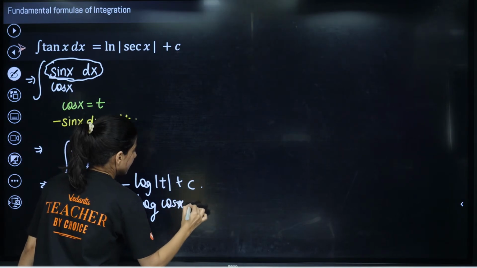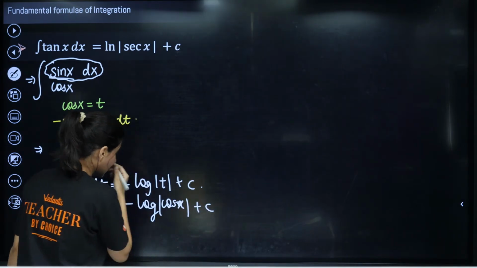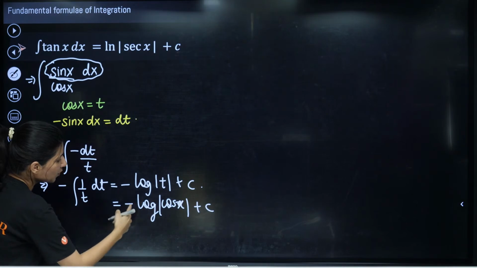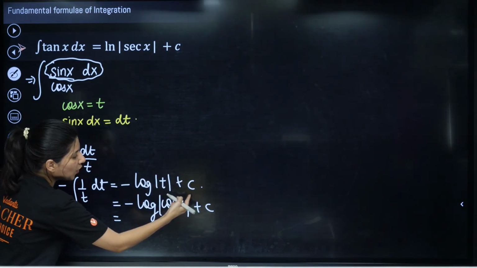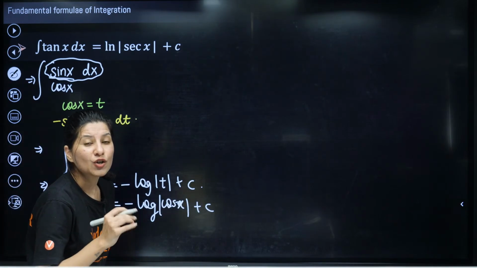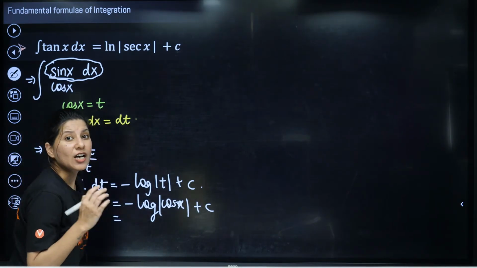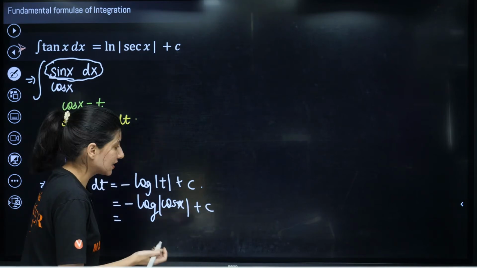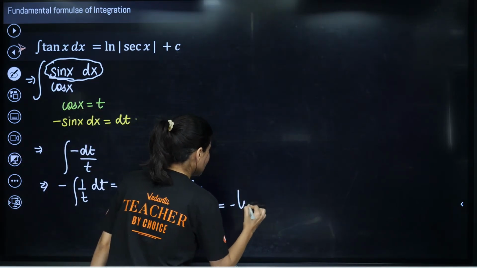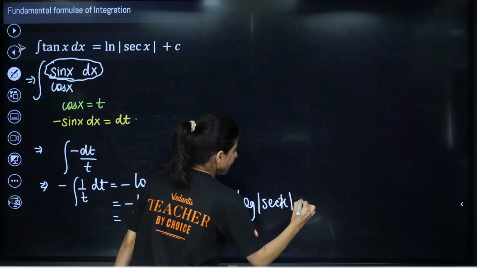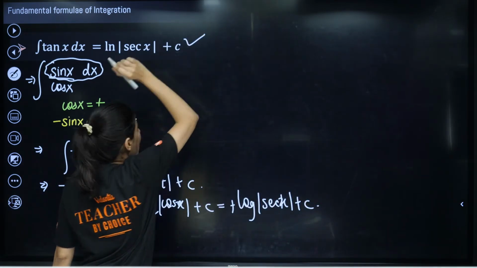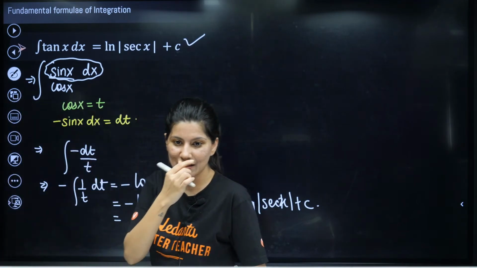So minus log of mod cos x plus c. Now one last thing: this minus 1 goes on the power of cos x. Cos x power minus 1 is 1 by cos x, which is sec x. So this is plus log mod of sec x plus constant. This is the final. So integration of tan x is what? Tell me.